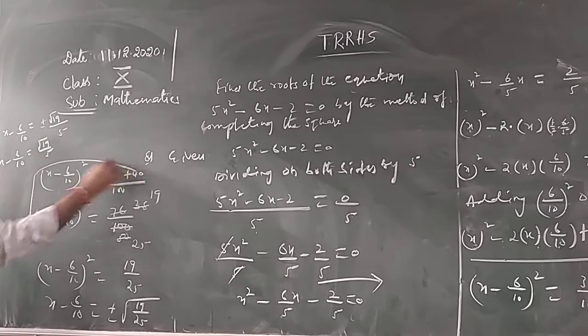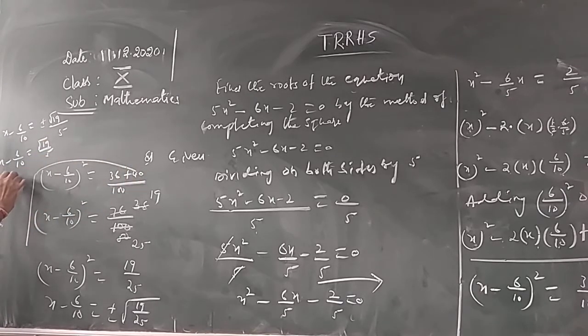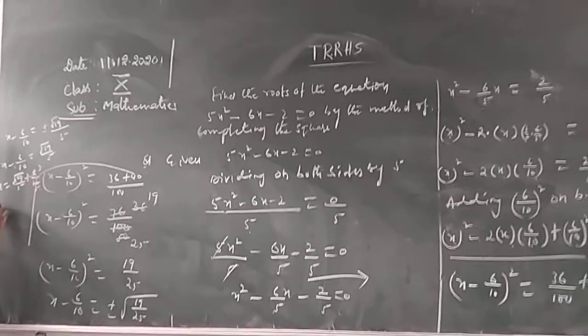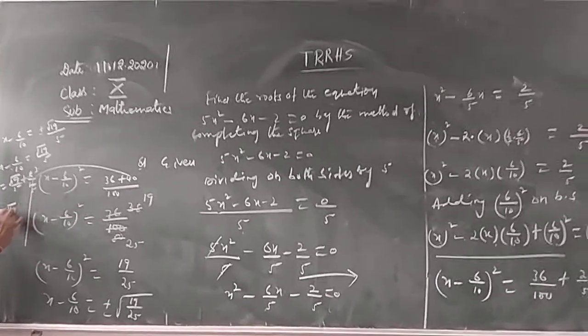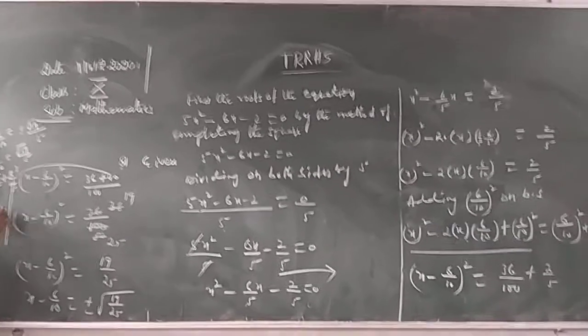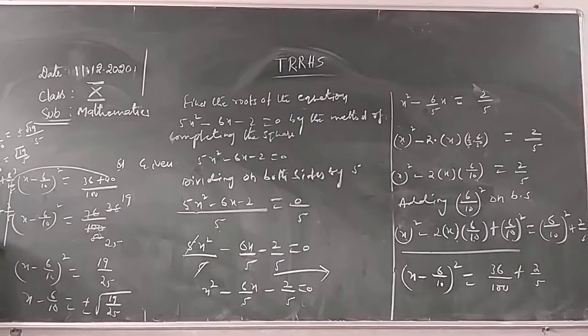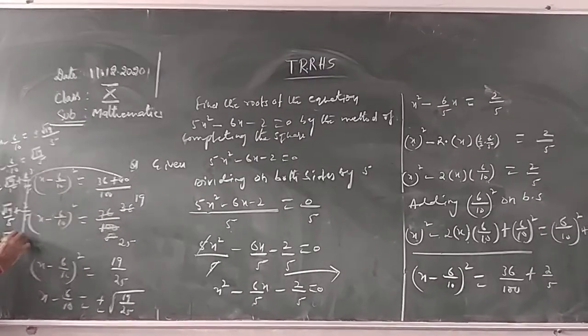So x is equal to root 19 by 5 plus 6 by 10, which becomes 3 by 5. X is equal to root 19 plus 3 by 5.